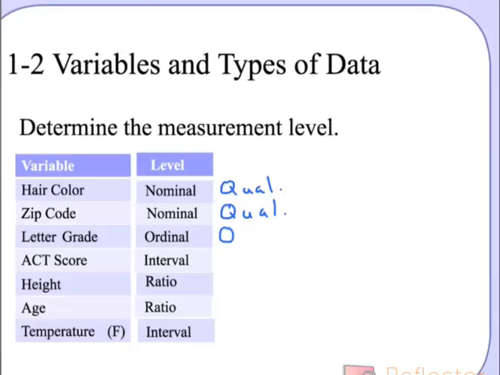Letter grade is still qualitative, but there's going to be order. Okay. ACT, those are numbers, so that's quantitative. And we don't really have that magic zero there. So this one is the no zero one. Height is again quantitative, but we do have zero matters.